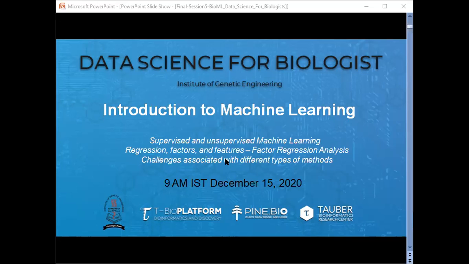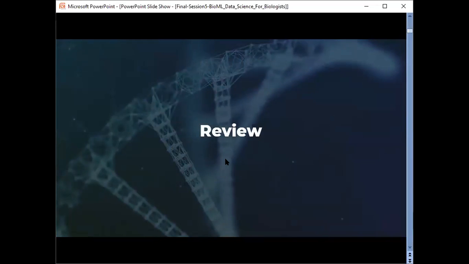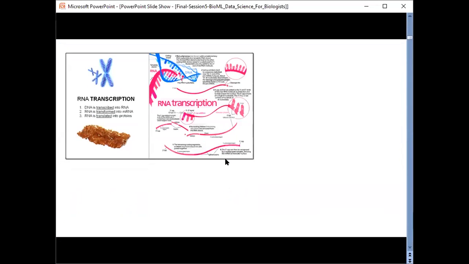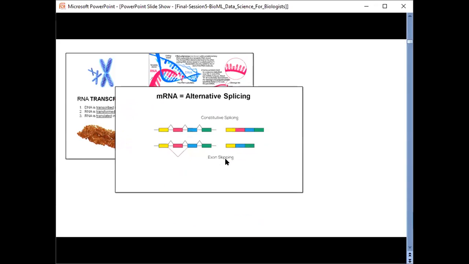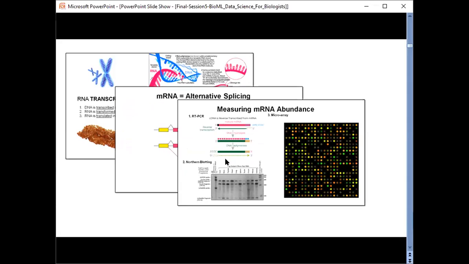So in our last session, we talked about metagenomics, but before that, in the third session, we learned about what RNA transcription is and what the different methods are by which we can measure mRNA abundance, like RT-PCR, Northern blot, microarray.